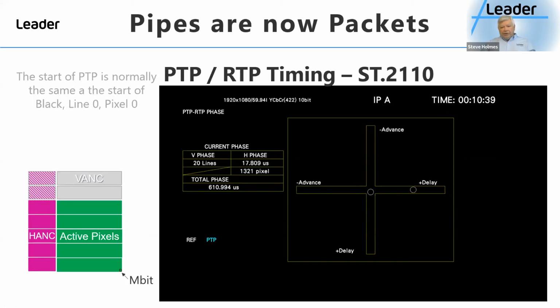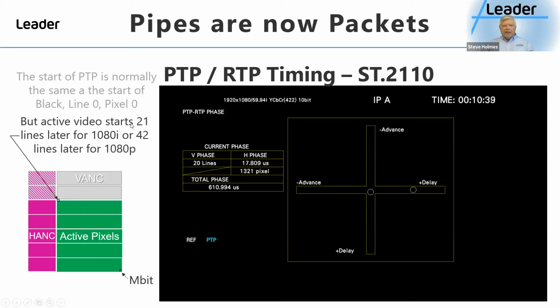The other thing we need to look at then is the offset of the video, because our video starts, if it's 1080i, 21 lines later in the entire frame to get the active raster. We need to make sure that we are at that same offset.